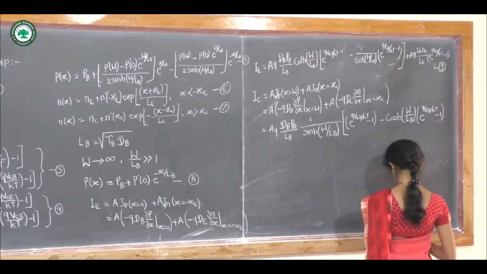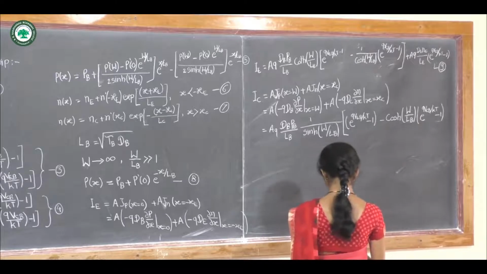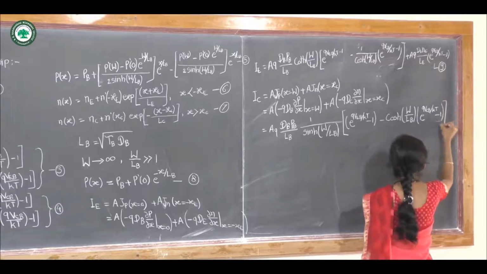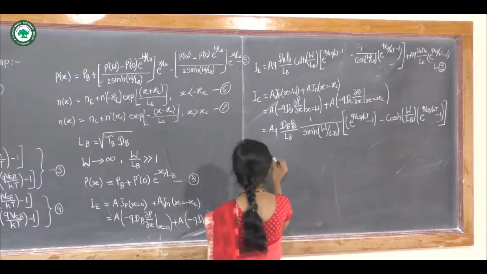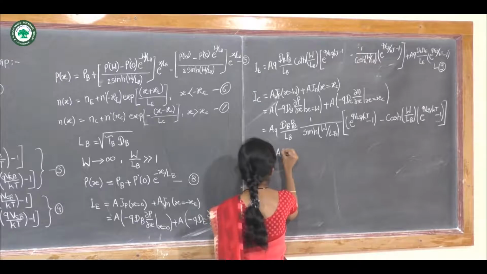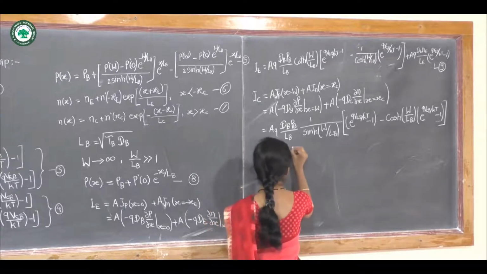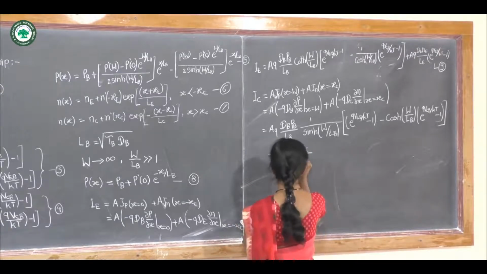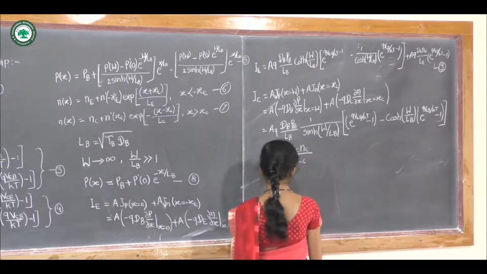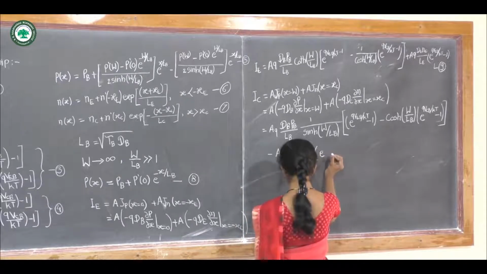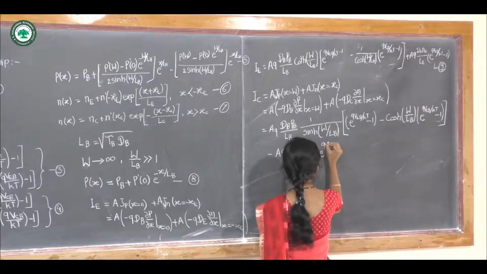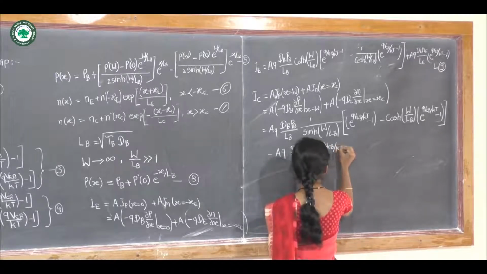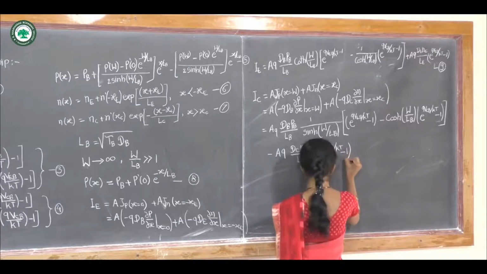Bracket complete. Square bracket complete. Minus A into Q into DC NC upon LC into e raised to q VCB by KT minus 1.